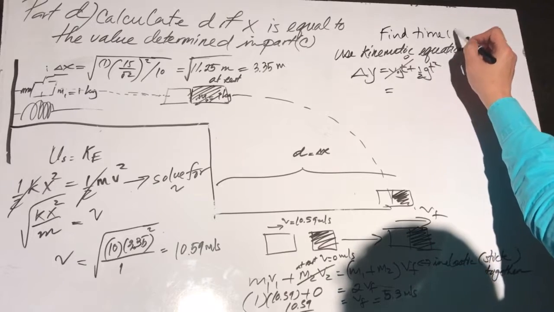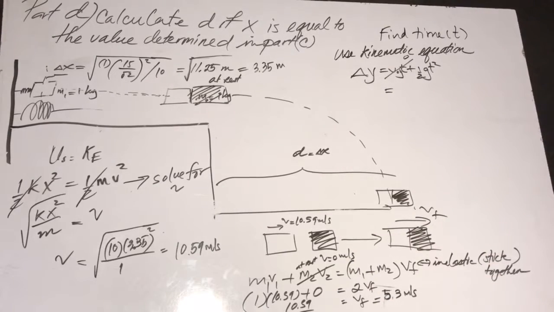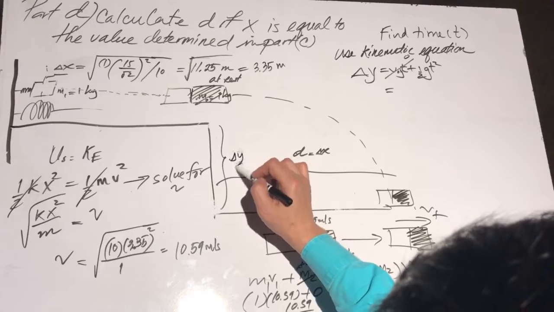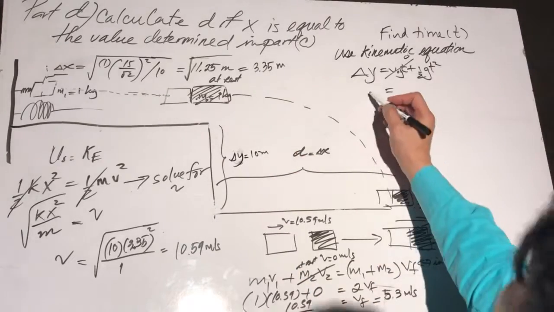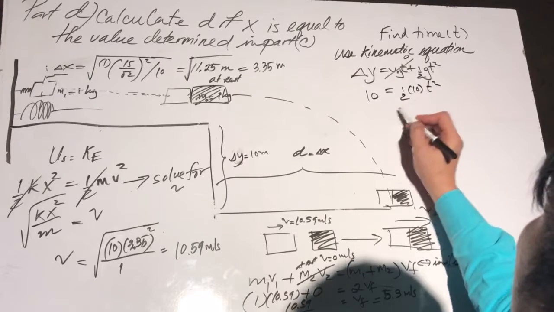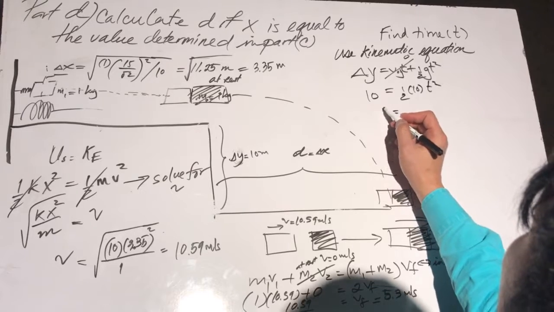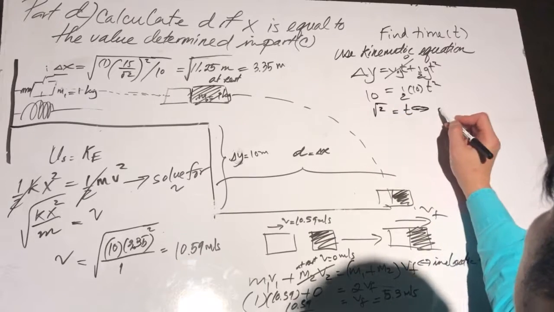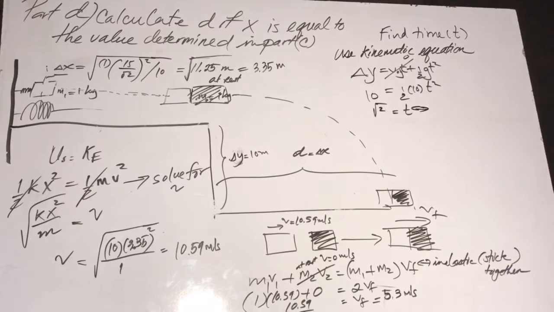So my height, I believe the question says that the height is equal to 10 meters. So I'm going to put 10 there. 10 equals 1/2 times 10 times t squared. T is equal to the square root of 2, I'm just going to put it that way.